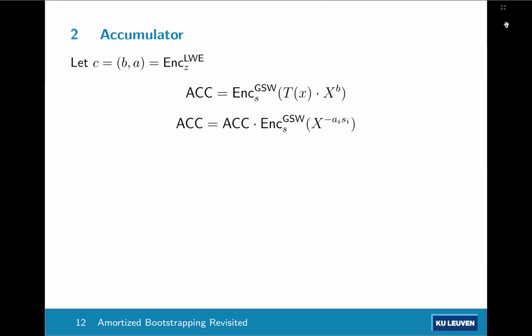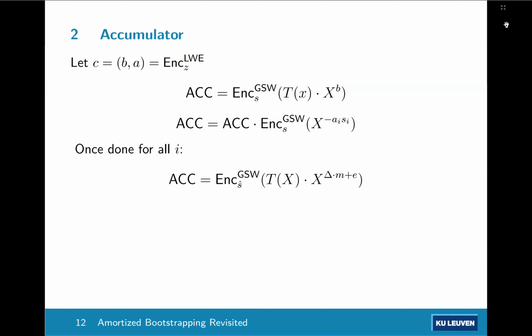In this case, we call it T of X times X to the V. Well, then we can multiply all the a_i times s_i onto it, the a_i times s_i that comes from the LWE encryption. We can then get this value and multiply it onto the accumulator. And once we do that, we actually come out with a GSW encryption under some key S hat. That is just an encryption of T of X times X to the delta M plus E.